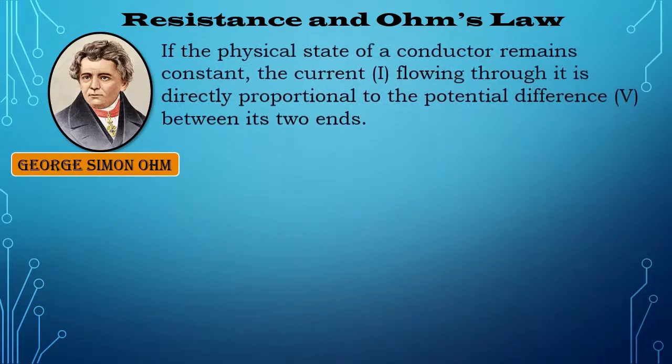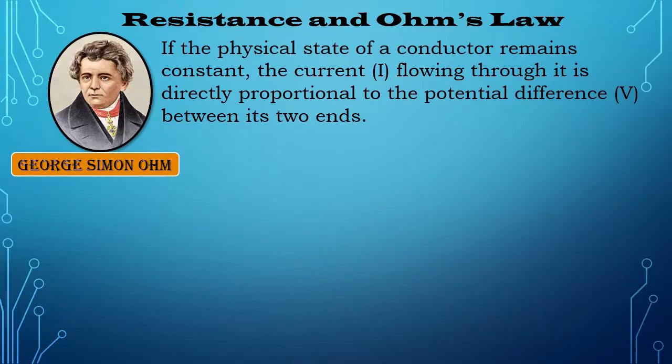The law states that if the physical state of a conductor remains constant, the current I flowing through it is directly proportional to the potential difference V between its two ends. Physical state of a conductor means its length, area of cross section, temperature, and the material it is made up of.